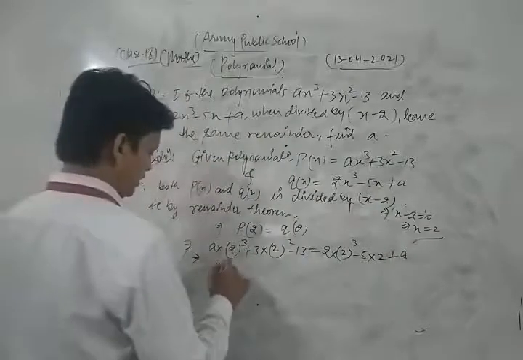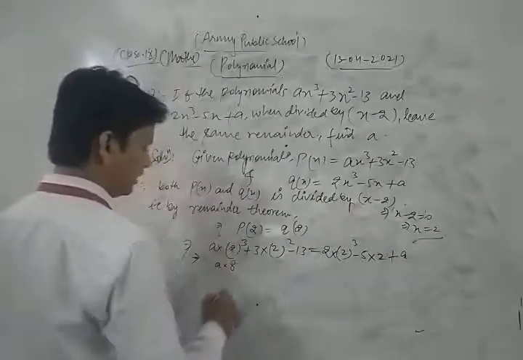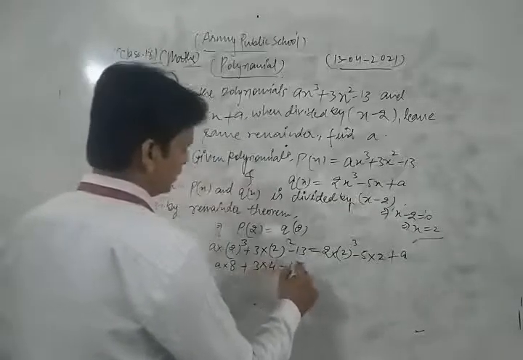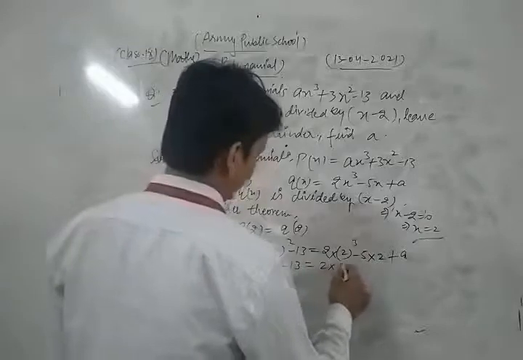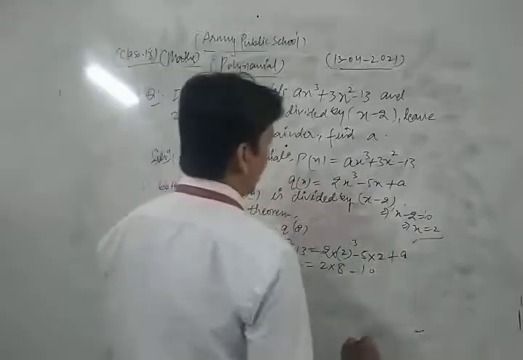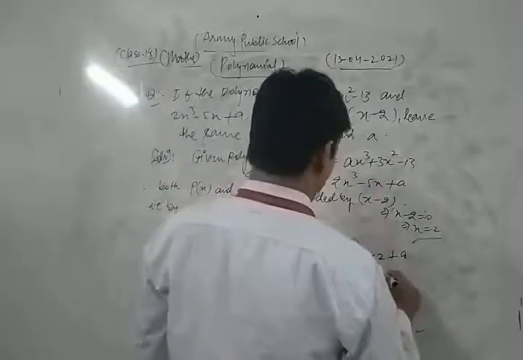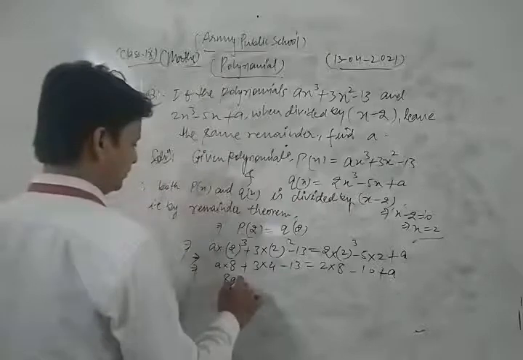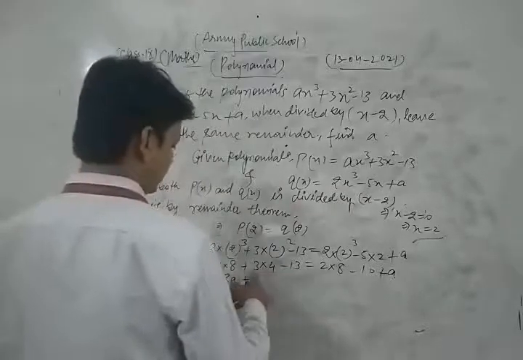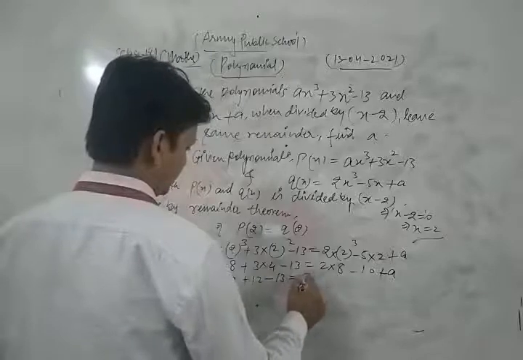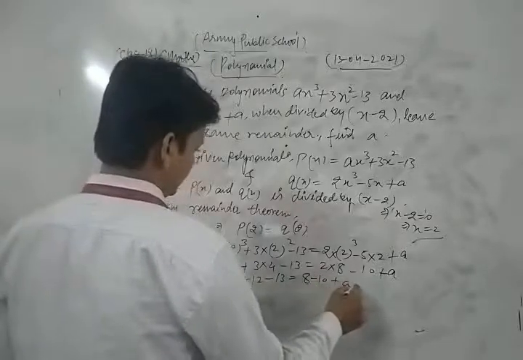So we get a into 2 cubed, which is 8, plus 3 into 2 squared, which is 4, minus 13 is equal to 2 into 8 minus 5 into 2, which is 10, plus a. Now we simplify: 8a plus 12 minus 13 is equal to 16 minus 10 plus a.